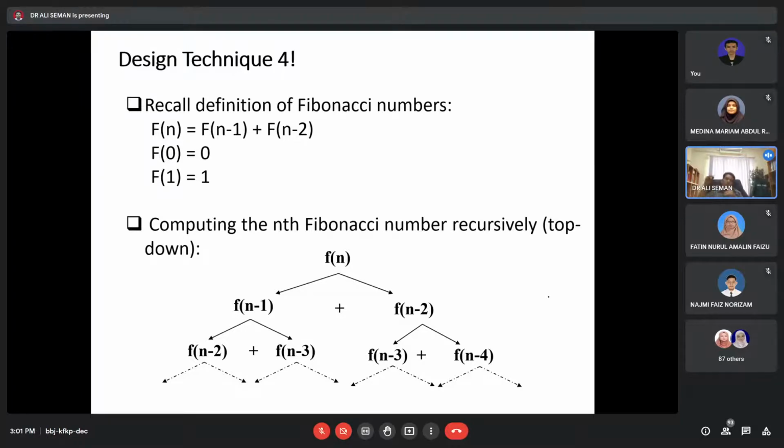If 1, return 1; if 0, return 0. Whatever n is, this will solve the problem. If n equals 6, we will get Fibonacci 6.